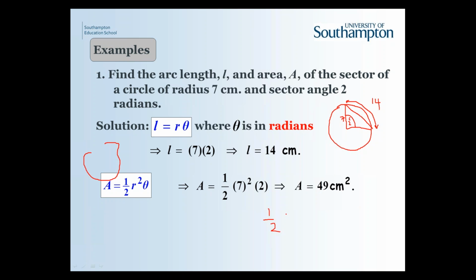Half AB sine C. Half times 7 times 7, as A and B are the same, times sine of 2. The only thing is, if you put sine of 2 in, and your calculator's in degrees, you're going to get some tiny amount. So if you're using radians, you have to convert your calculator to radians. And how you do that depends on your calculator.